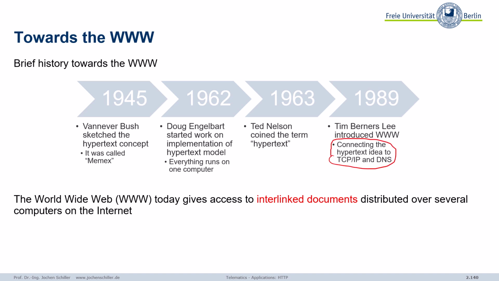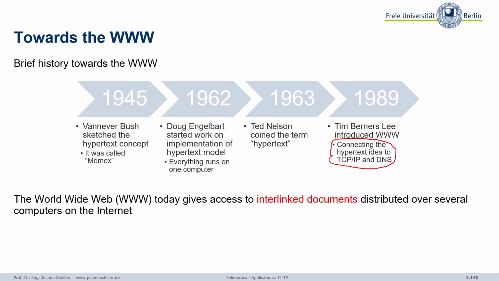So there we have TCP/IP, the protocol family, and DNS. So the World Wide Web basically today gives the access to interlinked documents, and the documents themselves are distributed over many thousands of computers in the internet. So the key motivation of Berners-Lee was, well, how to organize a huge amount of documents distributed over several computers.